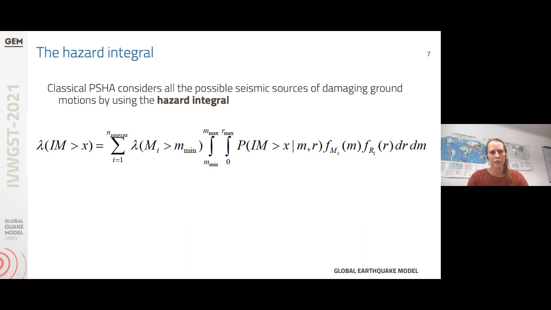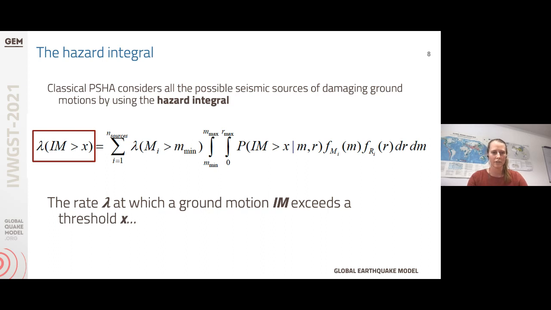So I'll start by introducing the hazard integral. This is the mechanism used to consider all the possible seismic sources that may cause damaging ground motions at the region of interest or site of interest. The solution to the hazard integral is a rate, lambda, at which a ground motion of some intensity metric exceeds a threshold x.